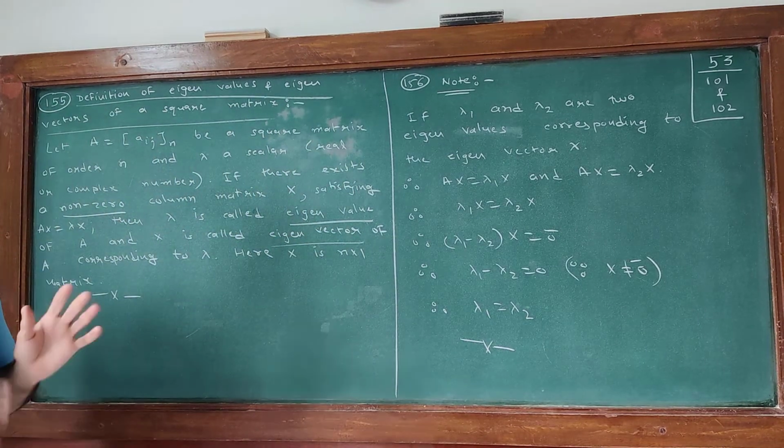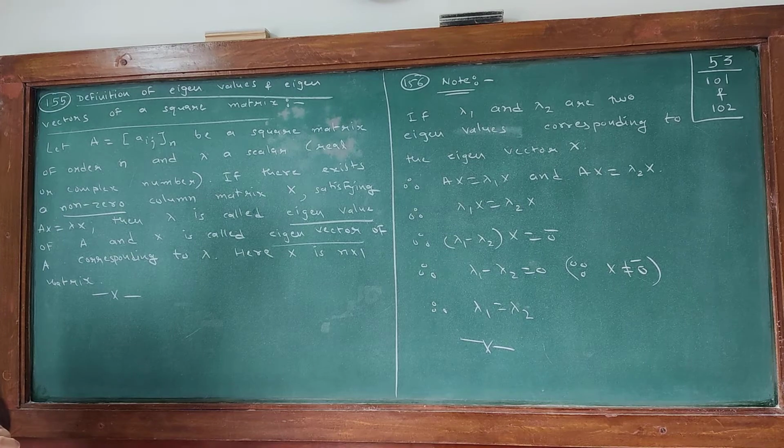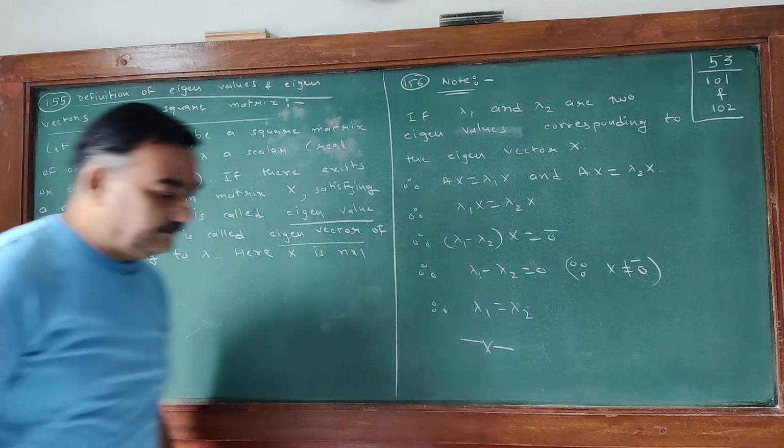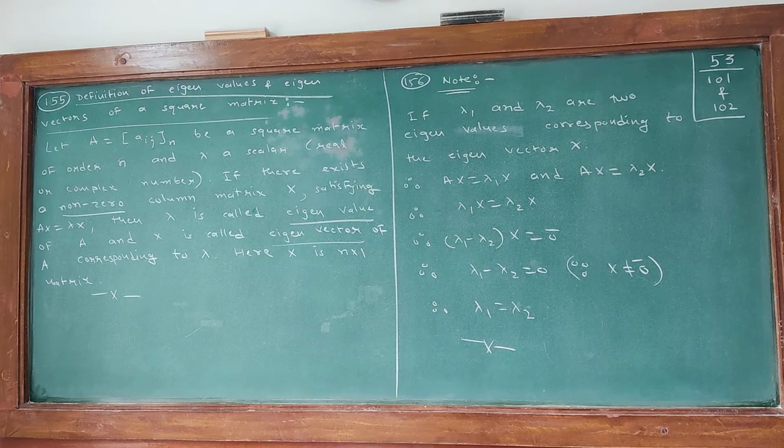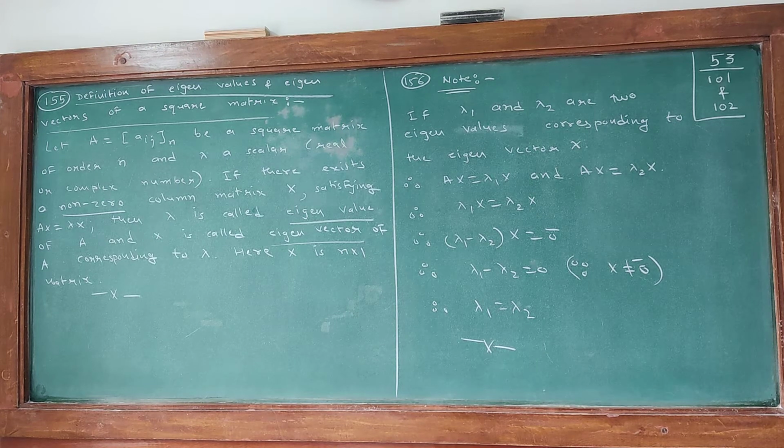So this is a very important topic for us. You have to think about it. Means for each particular vector there is only one eigenvalue.